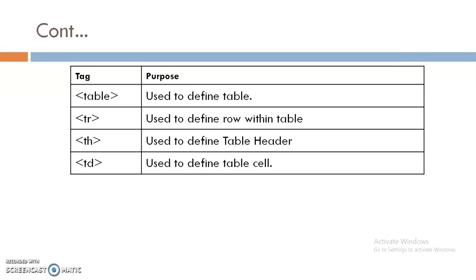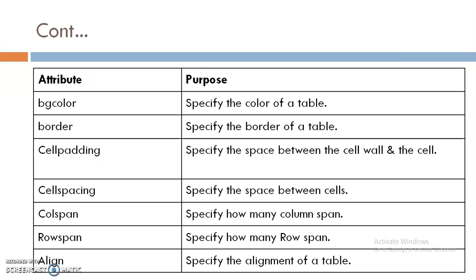Now here, the table tag is used to define a table. The tr tag is used to define a row within a table. The th tag is used to define a table header, and td is used to define a table cell. Now some attributes of the table tag: first one is bgcolor to specify the color of a table. Second is border to specify the border of a table.